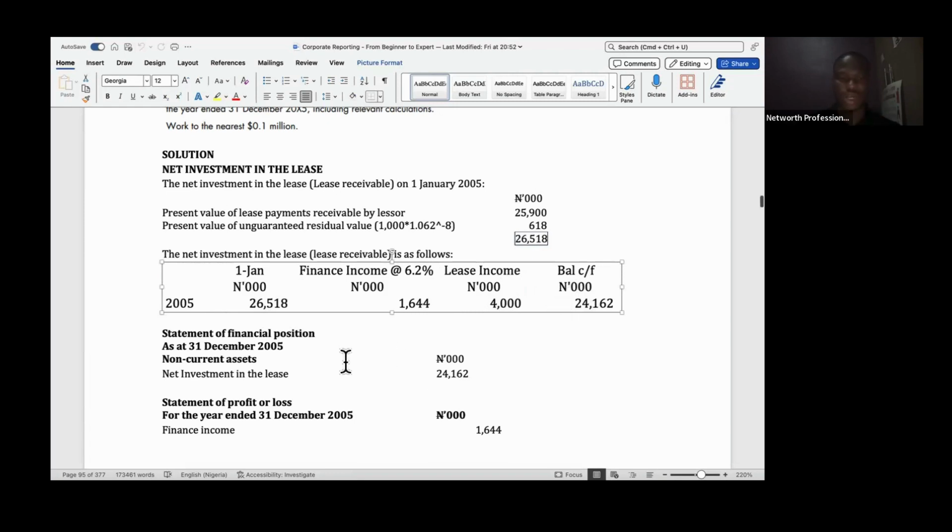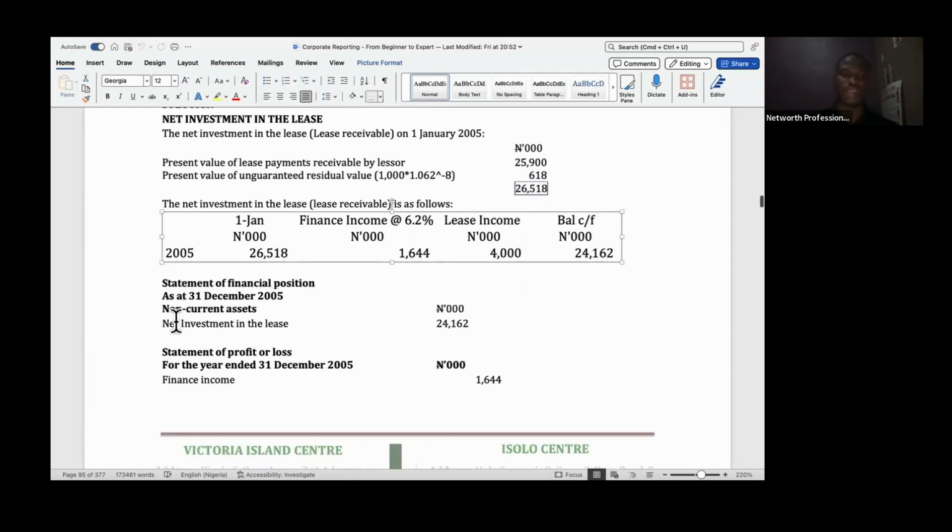So in the statement of financial position, you just show your net investment in the lease of 24,162. For an asset, you don't have to break this down into current and non-current like we did for the liability. It's not necessary for an asset.